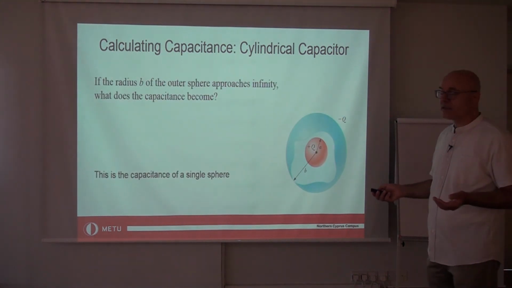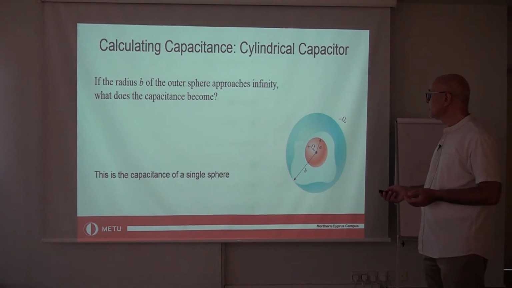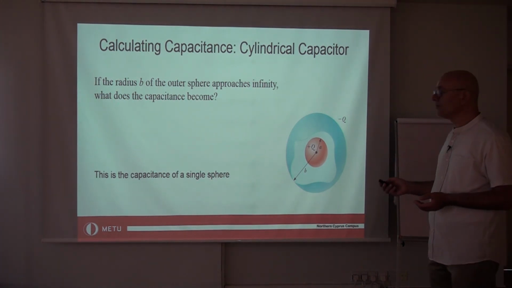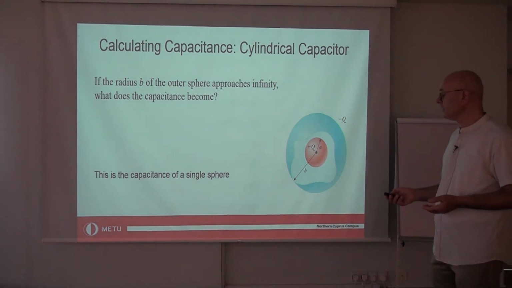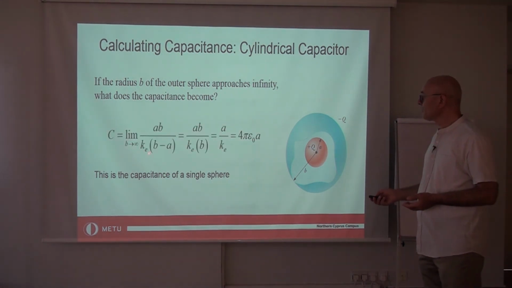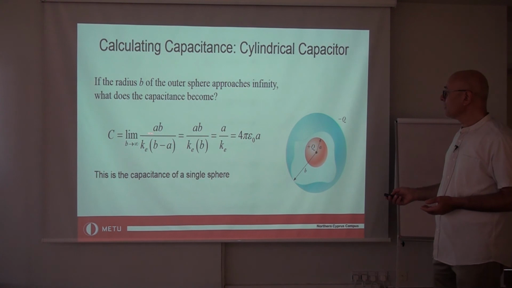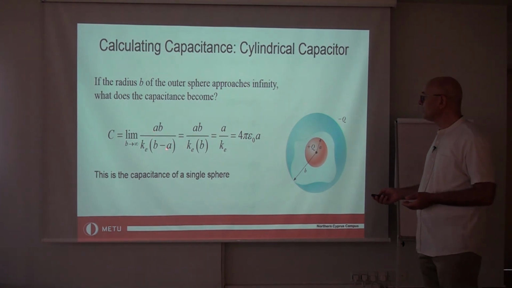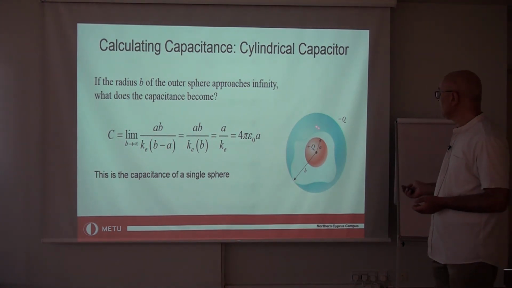Now, of course, the obvious limit is when the radius of the outer sphere goes to infinity. That's when B goes to infinity.